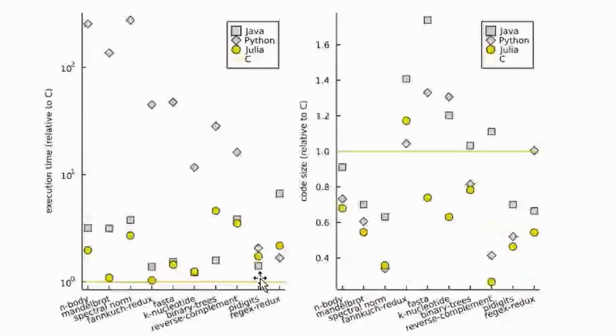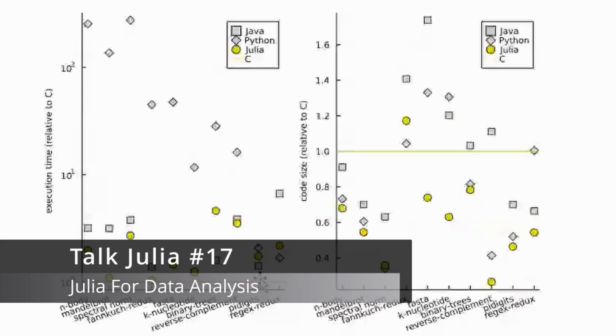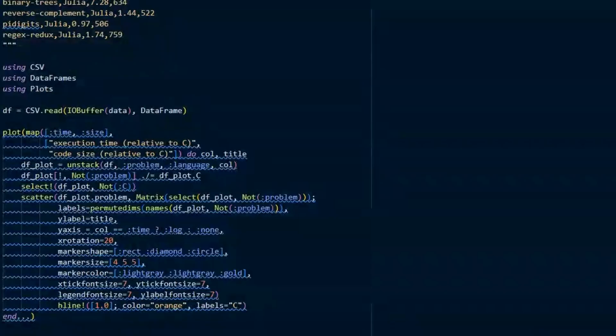There was a really great example in the last episode I did with Bogumil Kaminski, where he was showing a plot from his book Julia for Data Analysis, which is going to have some of this visualization in it. He was showing a fairly complex plot that shows up in the introduction, or the first chapter of his book, and he showed the code for it, and it's just using Plots.jl.